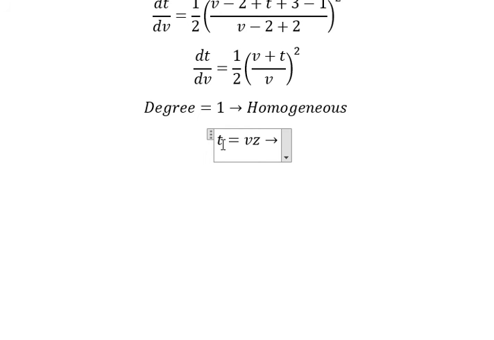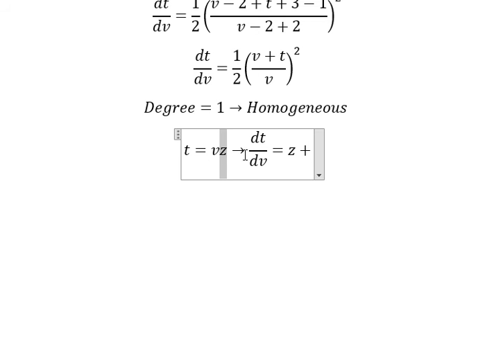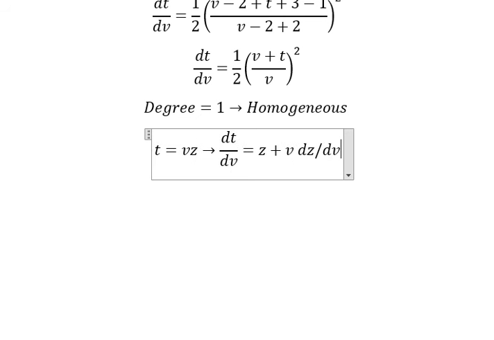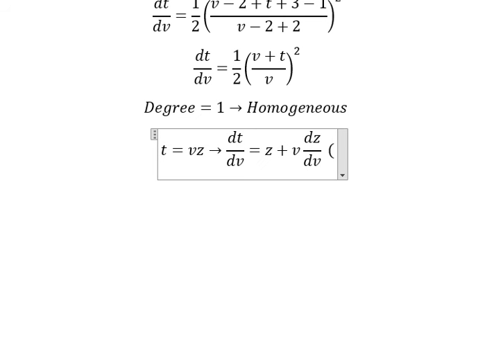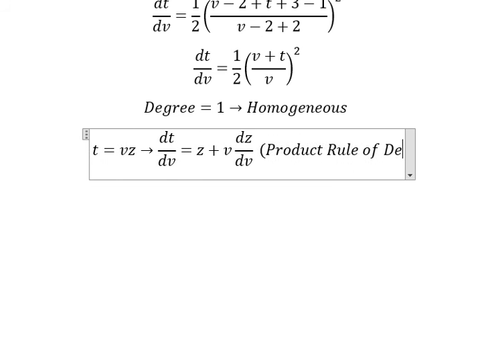Later we do the first derivative. So first derivative of v, we have number 1. So we have z. First derivative of z, we have dz over dv, and this is about the product rule of derivative.